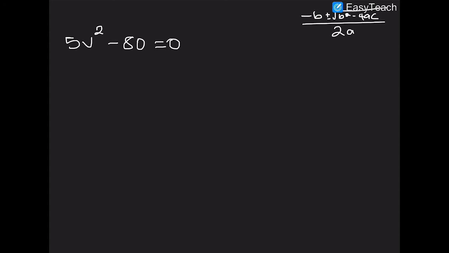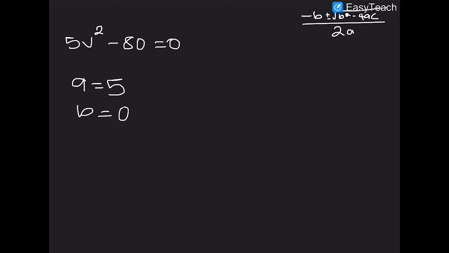So let's try it. The first thing I always advise anybody that's using this method to do is list out your a term, your b term, and your c term. So our a term here is a 5, right? Ax squared. Now our b term here is a 0. There's no b term, right?